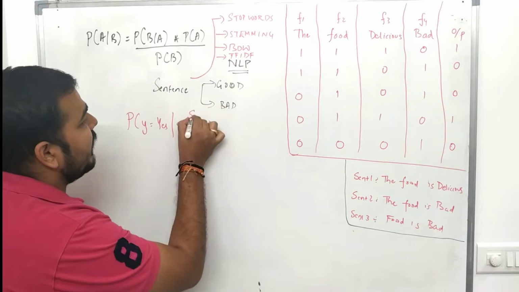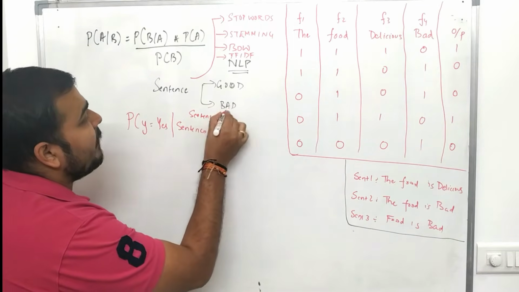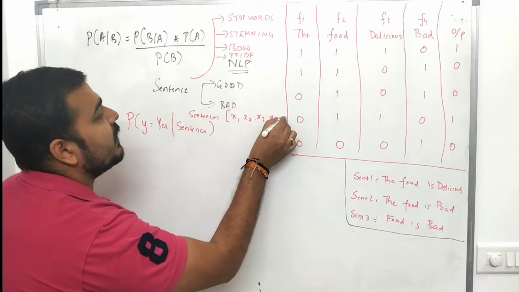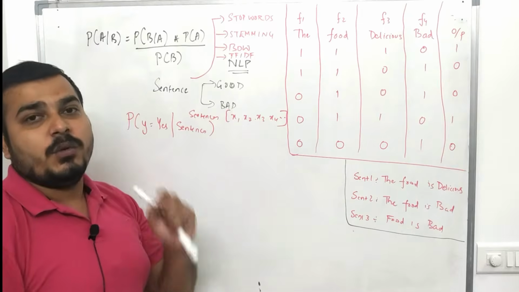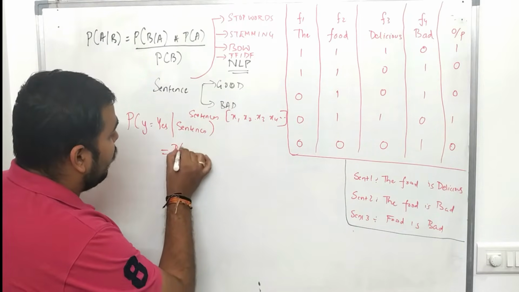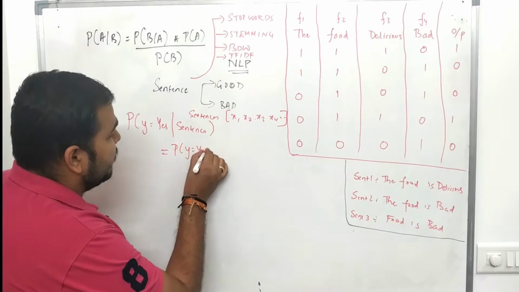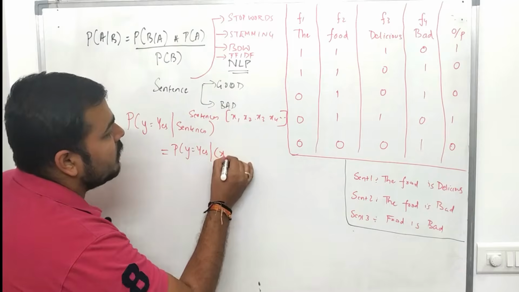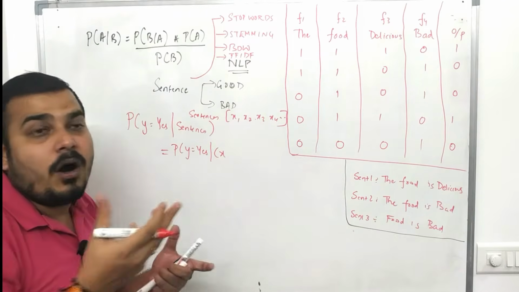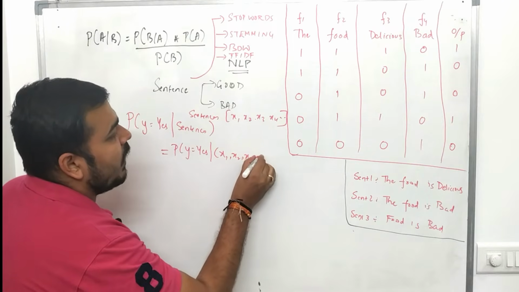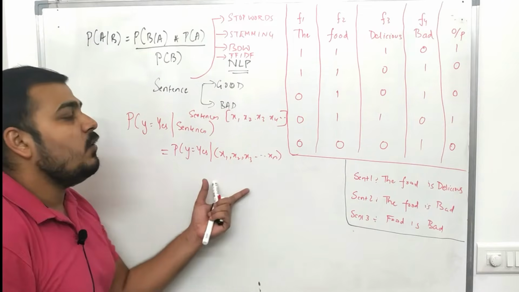And remember, in a sentence I may have many words, x1, x2, x3, x4 till xn. So I can write this as the probability of y equal to yes, considering the Bayes theorem, given my sentence, which is formed with a number of words x1, x2, x3 up till xn. I need to find this.